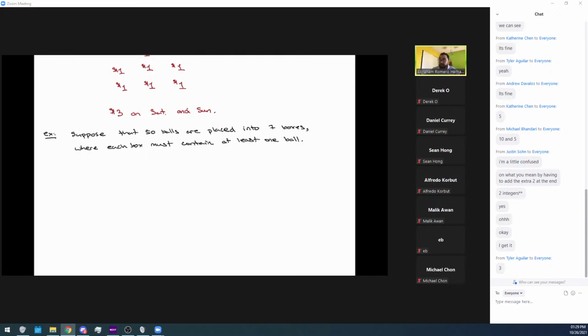So suppose that 50 balls are placed into 7 boxes, where each box must contain at least 1 ball.